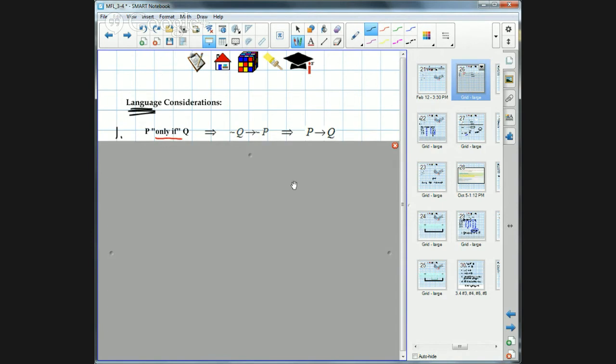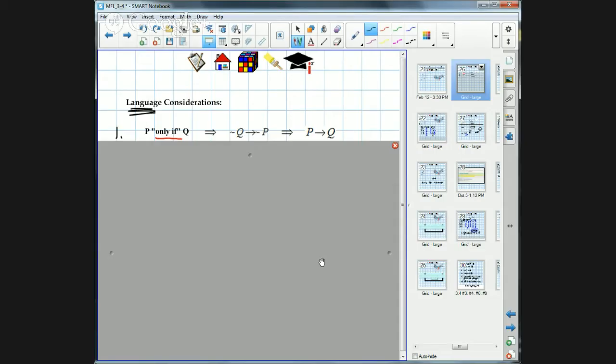Okay. Number one, sometimes you will see the words "only if," in that order, in books and in texts. So if you have, like, you can go out and play only if you eat your vegetables, or you can fill in whatever the P and the Q would be.